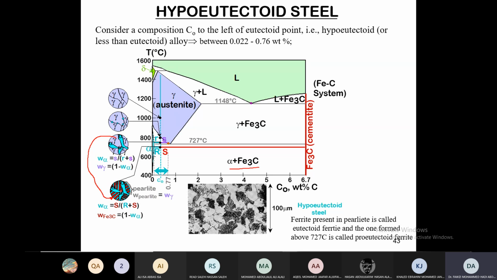So that ferrite which we have here is called pro-eutectoid ferrite. Why? Because it formed above the eutectoid isotherm or temperature. It's also called the primary ferrite, so you can call that primary ferrite, alpha prime, or pro-eutectoid ferrite.